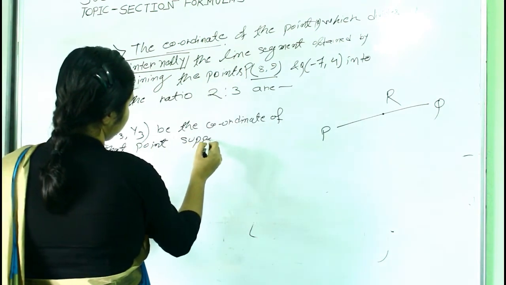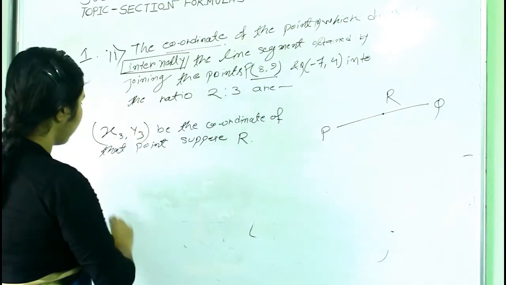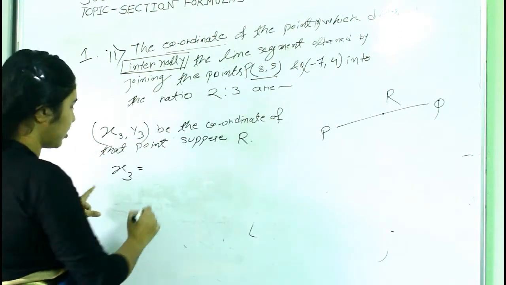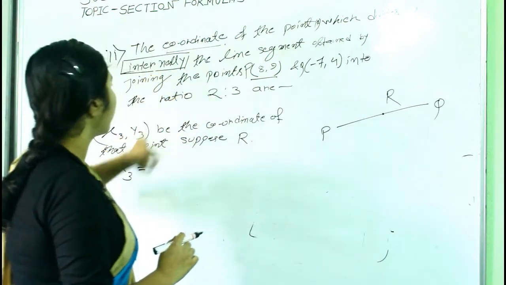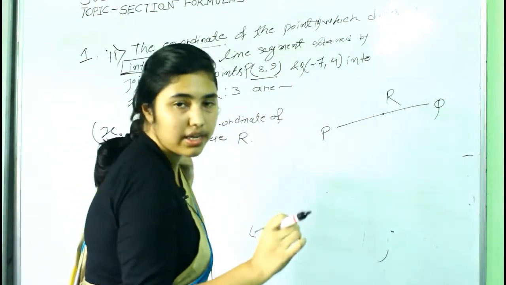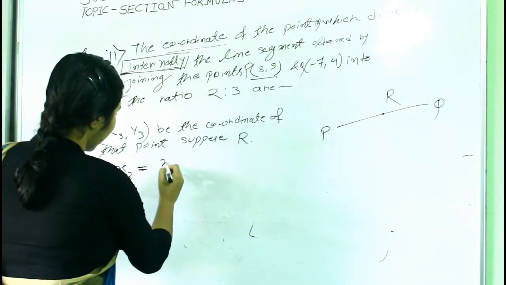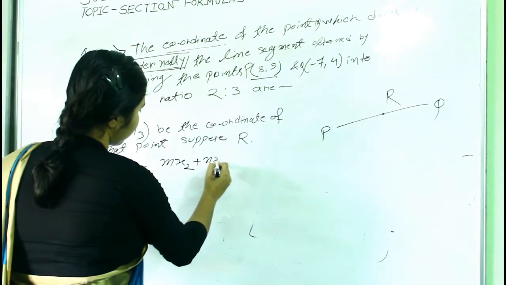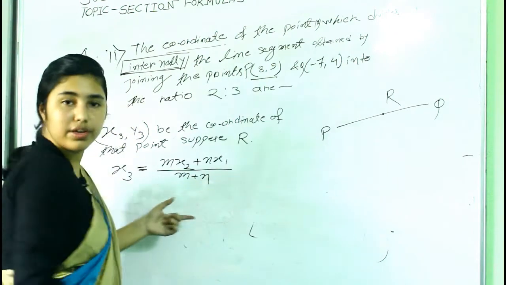Suppose R. Okay. So we have to calculate the value of x3 and y3. We know that when a point divides a line segment internally, the formula is (m x2 + n x1) by (m + n), right?